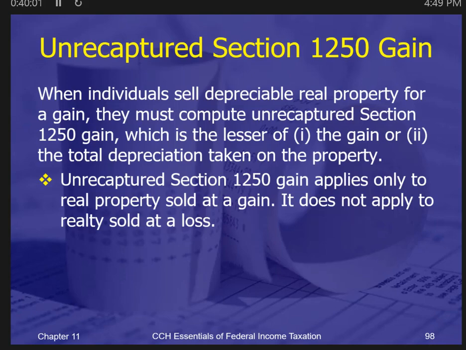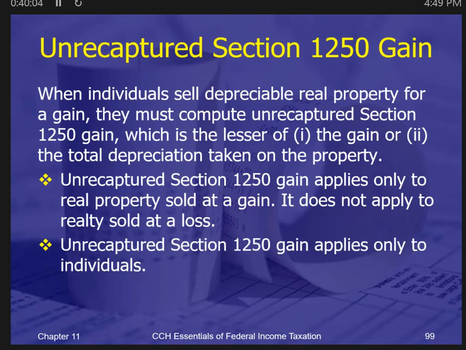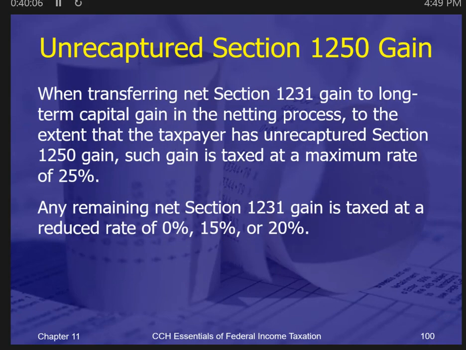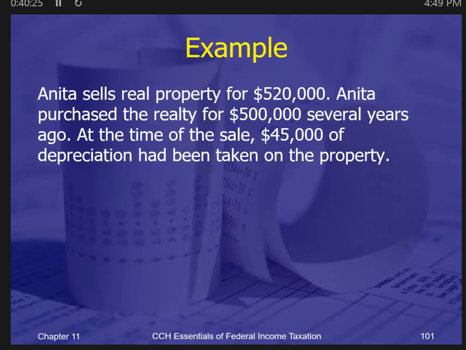Doesn't matter if it's a loss. So we apply the gains. We always apply the gains or losses first to the 25%. Any remaining 1231 gain is taxed at the rates we've seen earlier, the lower capital gains rates.